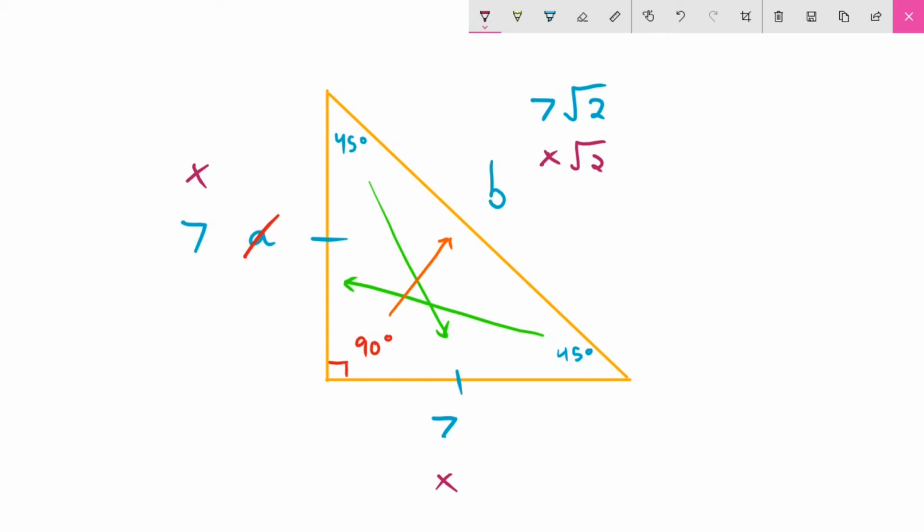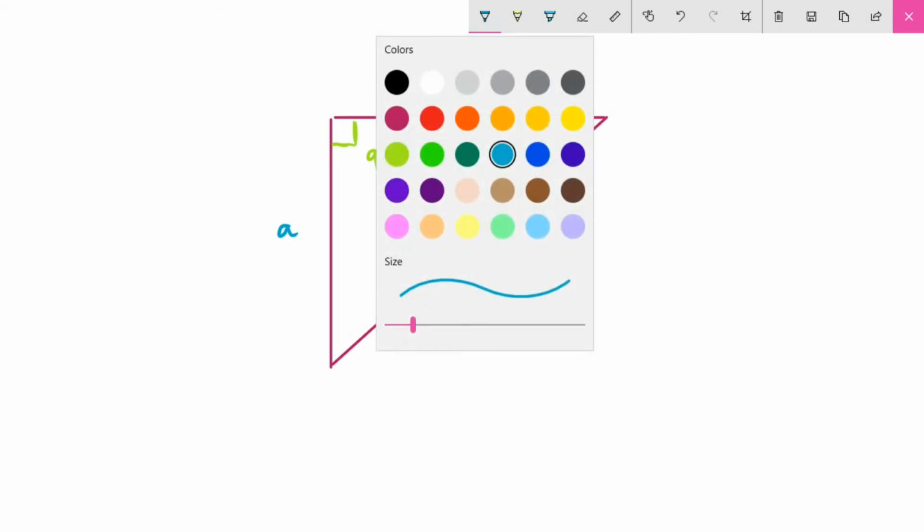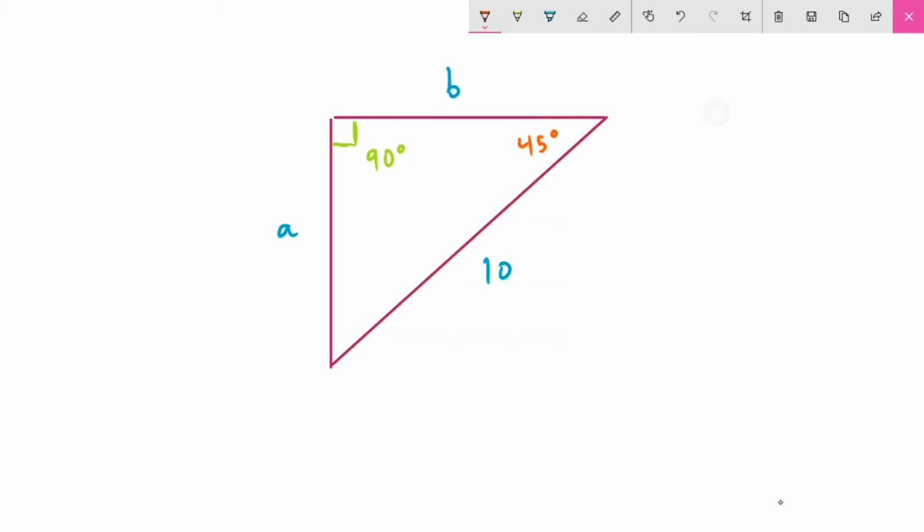Now let's look at our other picture. This is what the picture looks like on the second example. We've got side length A, B, we don't know what that is, and we know the hypotenuse is 10. Remember, the side across from the 90-degree angle is always the hypotenuse. So what's this angle right here? Well, we see that we have a 90 and we see that we have a 45.